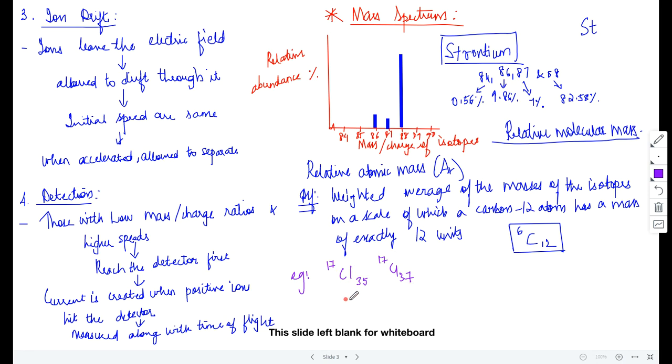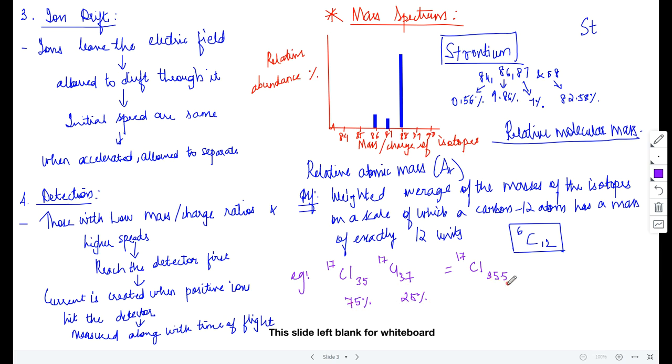The abundance is 75% of chlorine-35 and 25% of chlorine-37. But in the periodic table, chlorine with atomic number 17 has mass number 35.5. How did I get that? 35.5 is the average value in accordance with the abundance.